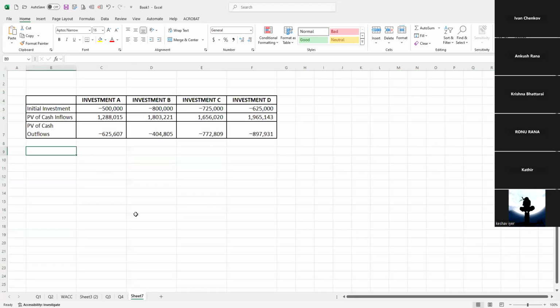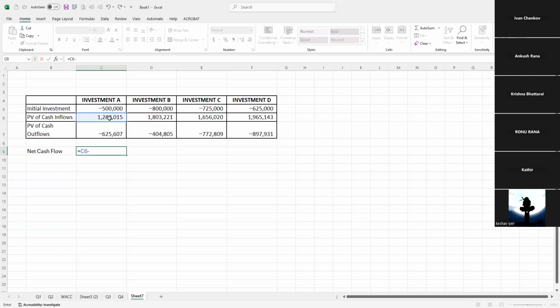So what will be the net cash flow here? Inflow minus outflow. Obviously, that will be this one minus, actually plus this one, since this is a negative number.